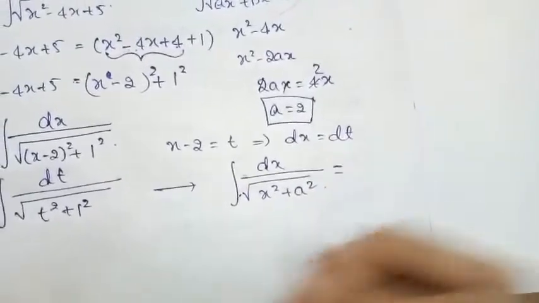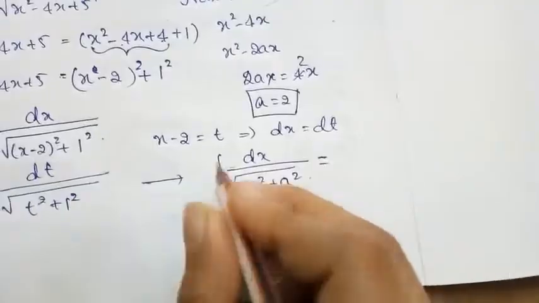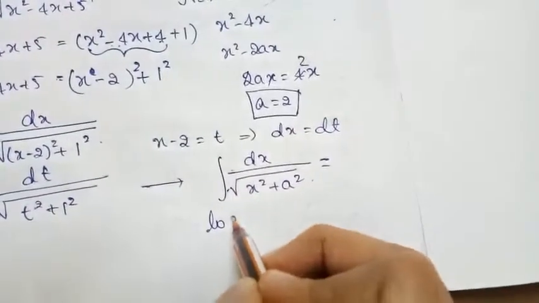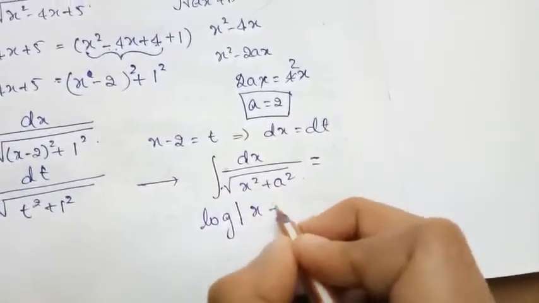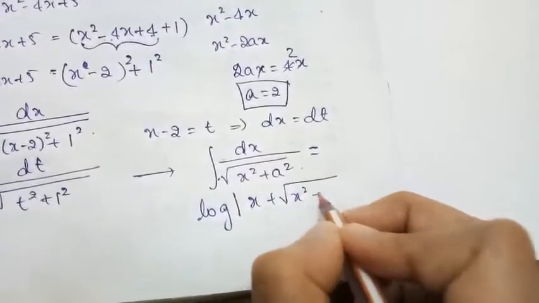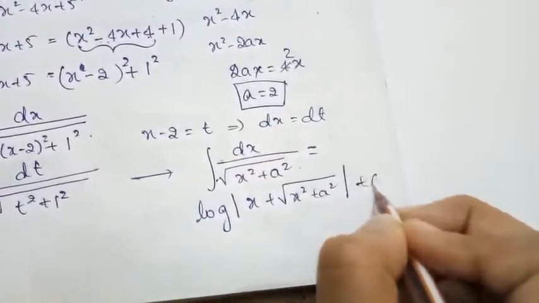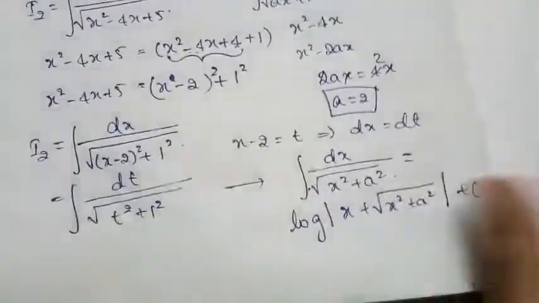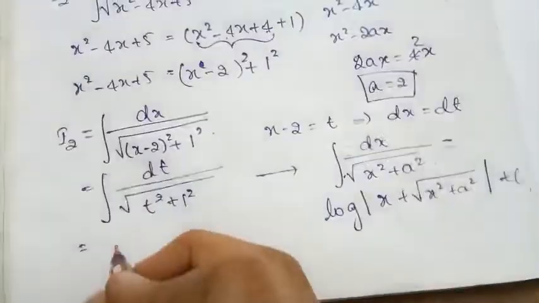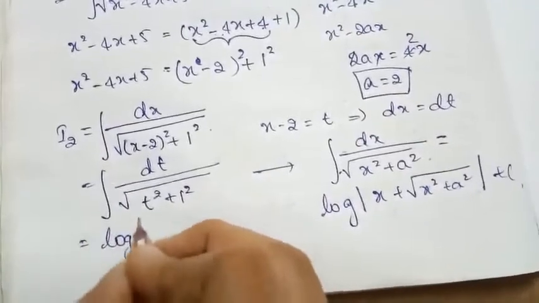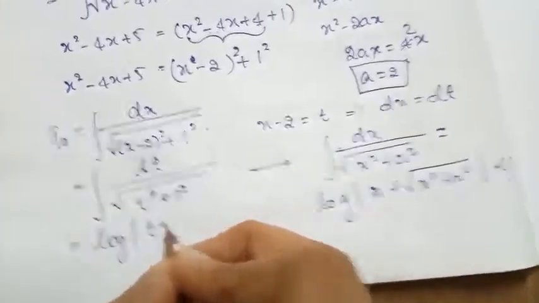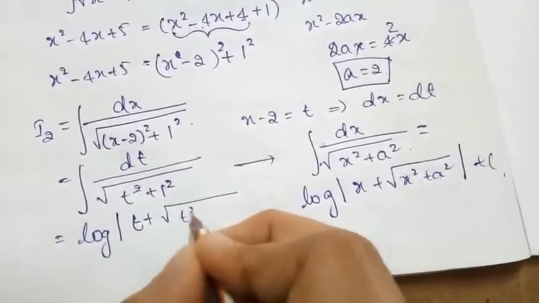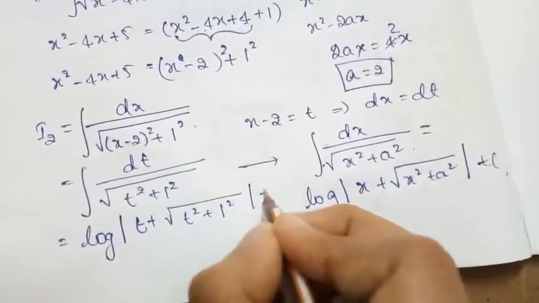So what is the integral of this one? That is log of mod x plus square root of x square plus a square plus c. So in place of x here we are having t, in place of a here we are having 1. So that is equal to log of mod t plus square root of t square plus 1 square plus c2.